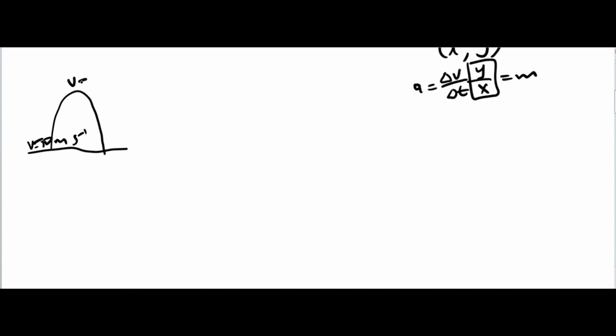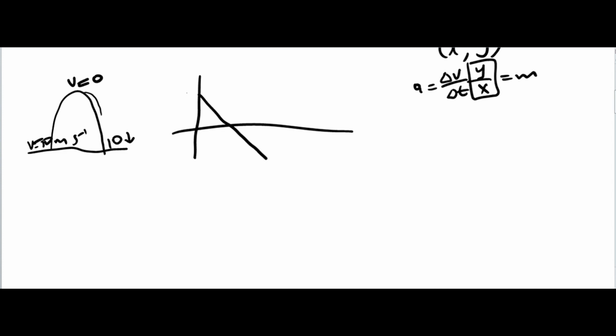Then here the speed is 0, which means the speed of the object decreases. Then when it comes down, the speed increases. Then here it will be 10 but downwards. Okay, so when you draw the graph of an object that is thrown vertical upwards, it will look like this. Since the object is thrown vertical upwards, the speed will decrease until it reaches 0, then it goes down.